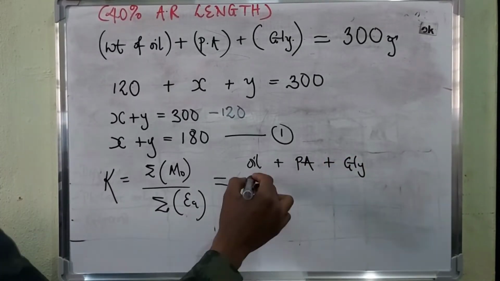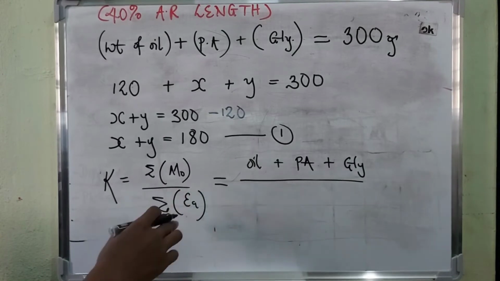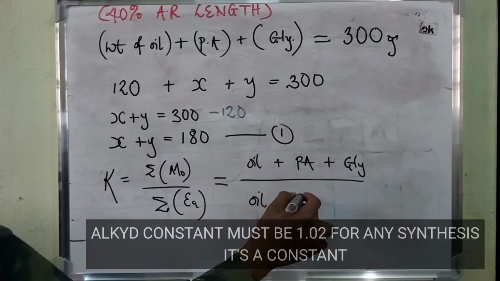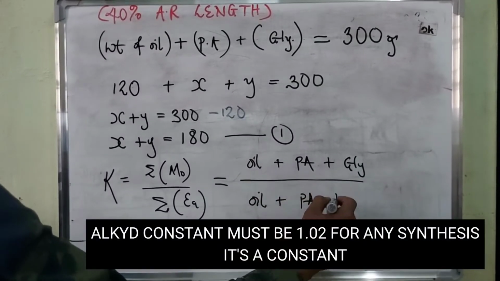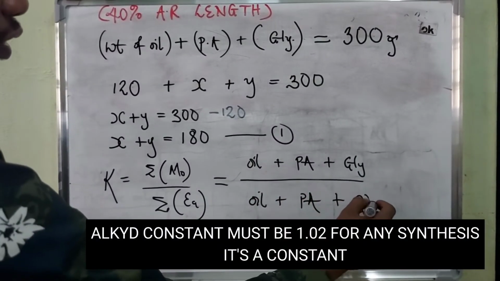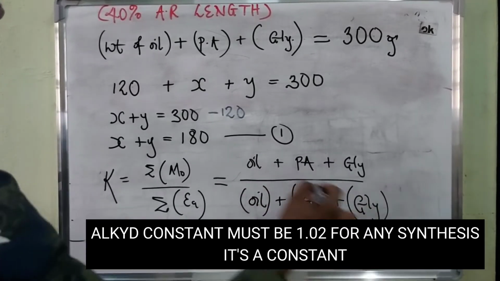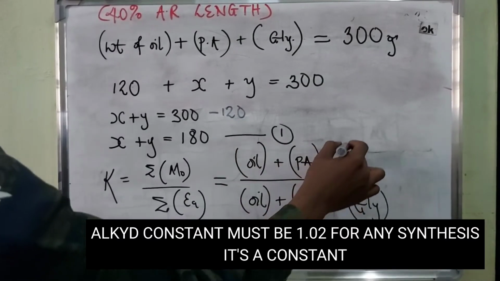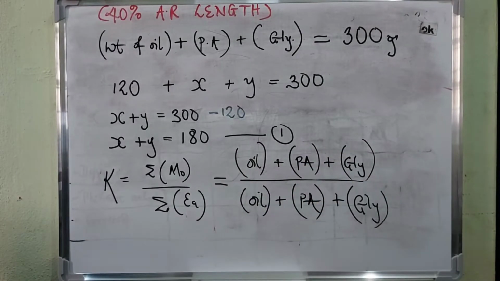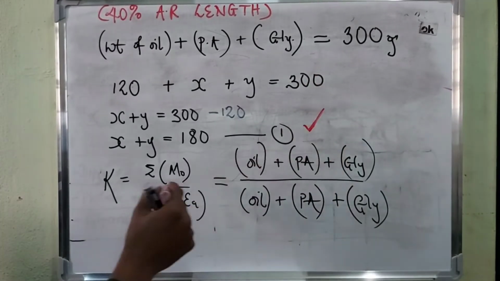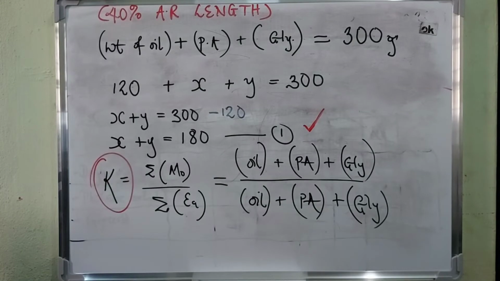Okay, divided by the equivalent acids of the oil, the phthalic anhydride, and that of the glycerol. So this is what the alkyd constant is all about, which we would also need to derive our second equation. Bear in mind, this is our first equation, so we need this expression, the alkyd constant, to derive the other equation.